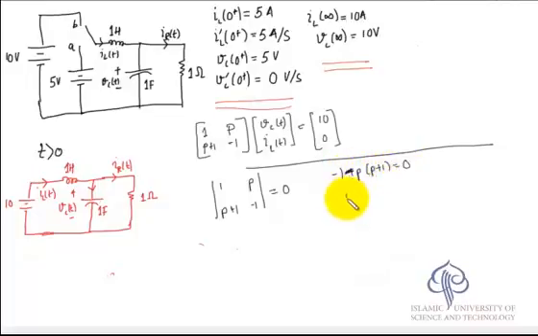This is P squared plus P plus 1 equal to 0. And this is basically complex. P is minus half plus or minus root 3 by 2 j.